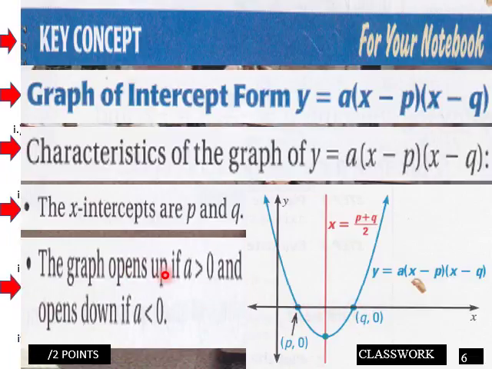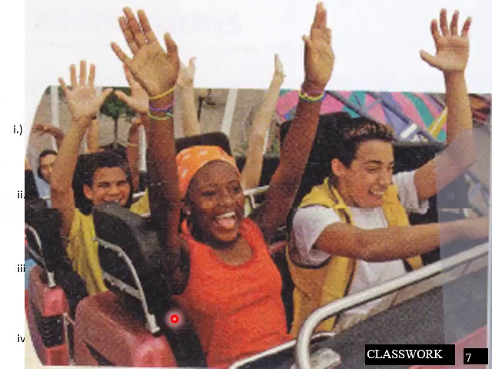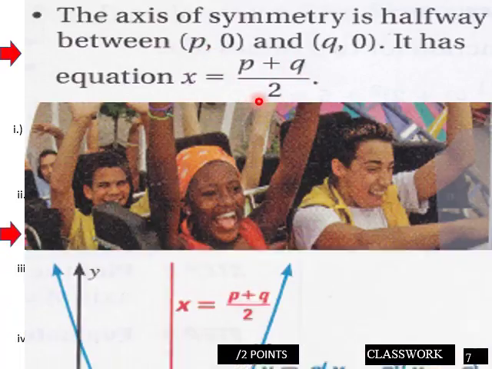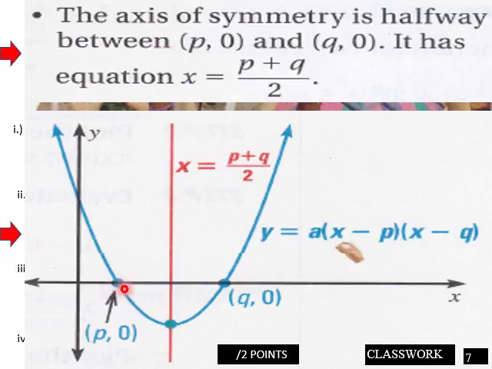The graph opens up if a is greater than 0 and down if a is less than 0. We know that. And the axis of symmetry is halfway between, that's why we use this situation between p and q. Again, we look at this graphic here. Here's your axis of symmetry.